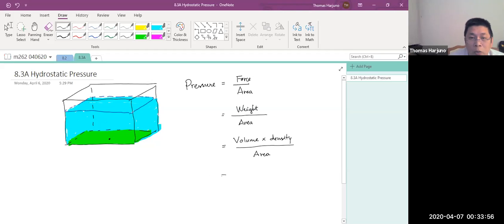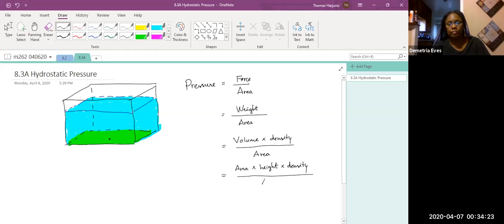Which is equal to the volume of the water, of course, equals the area of the base times the height of the water times density over the area.